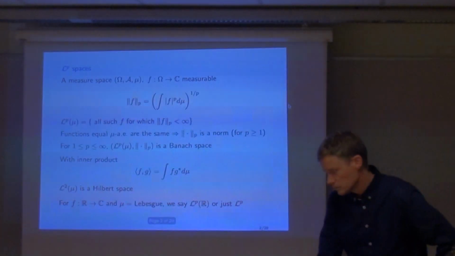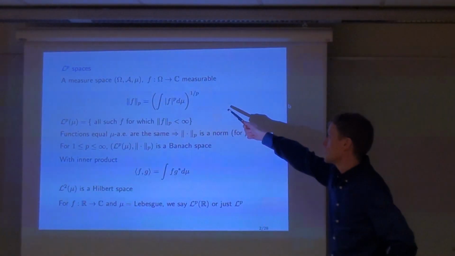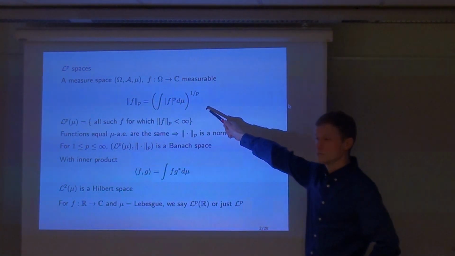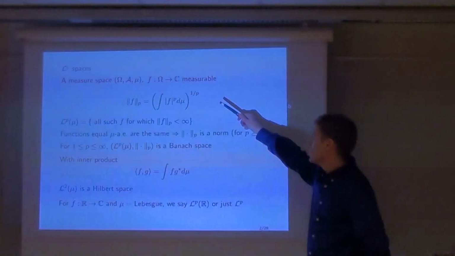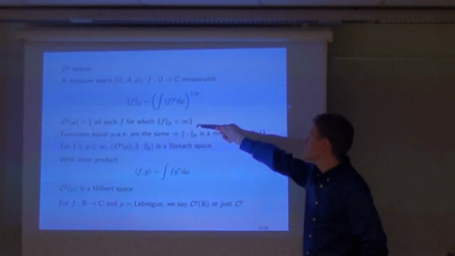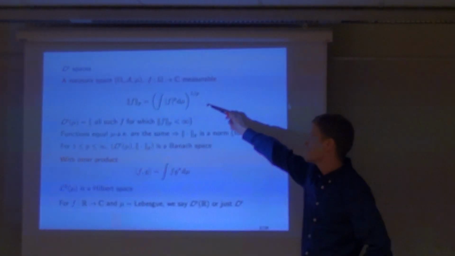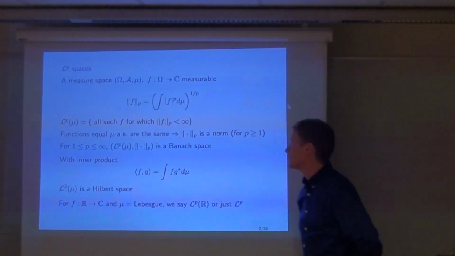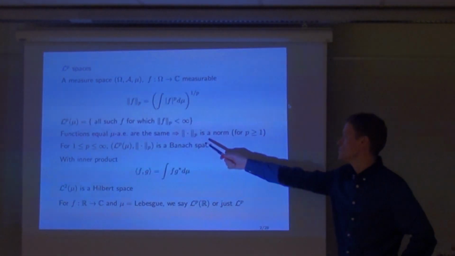So I have some background mainly for notation. You should know what LP spaces are. So the general LP norm, you should know. And the LP functions are functions with a finite P norm. If we identify functions that are equal almost everywhere mu to be the same function, then this is a norm.